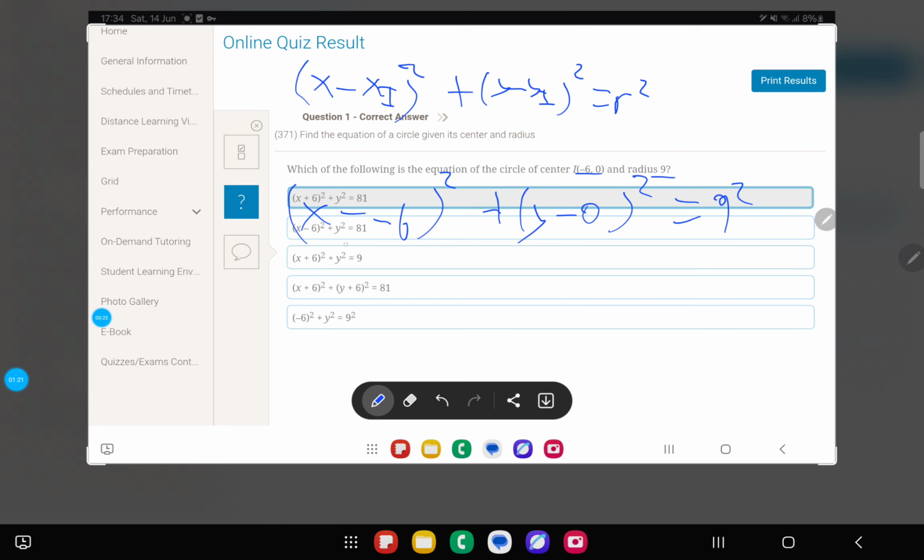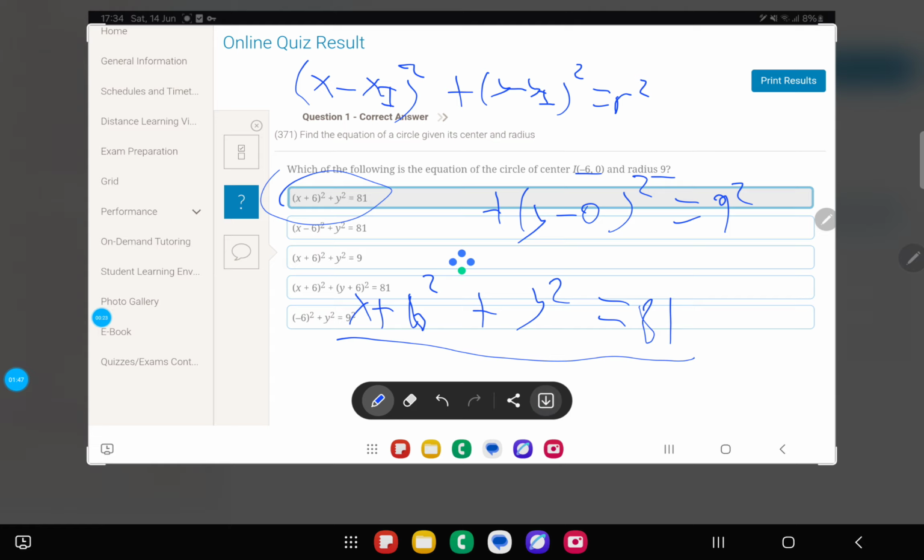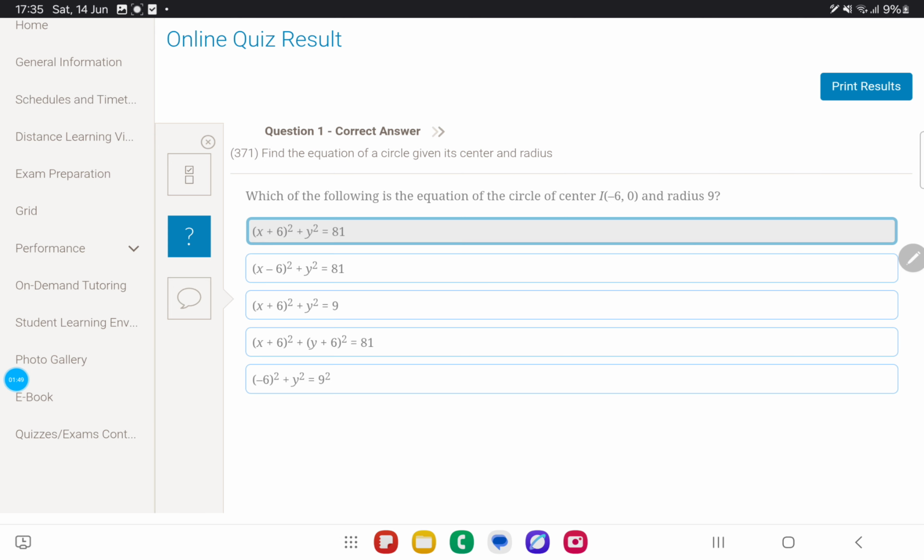Let's solve directly. (x + 6) squared plus y squared, because y minus 0 is y, equals 9 squared, which is 81. So (x + 6) squared plus y squared equals 81, and that indeed is the answer. That's it for question 1. You just have to memorize this rule.